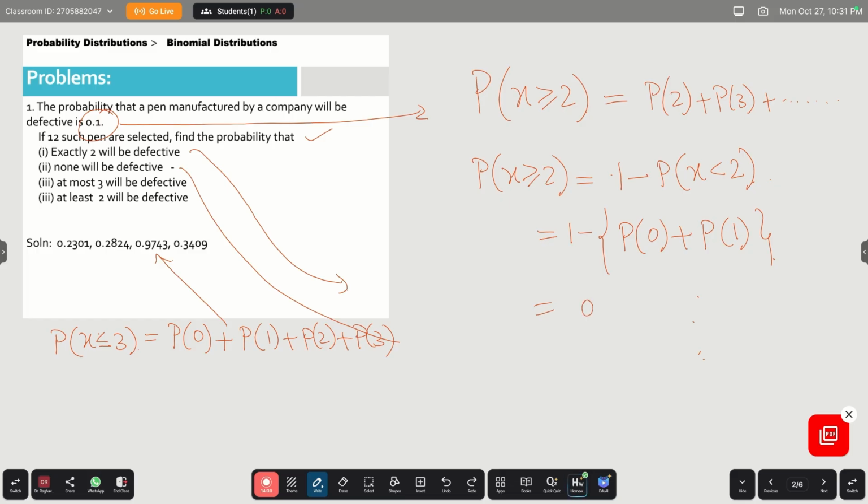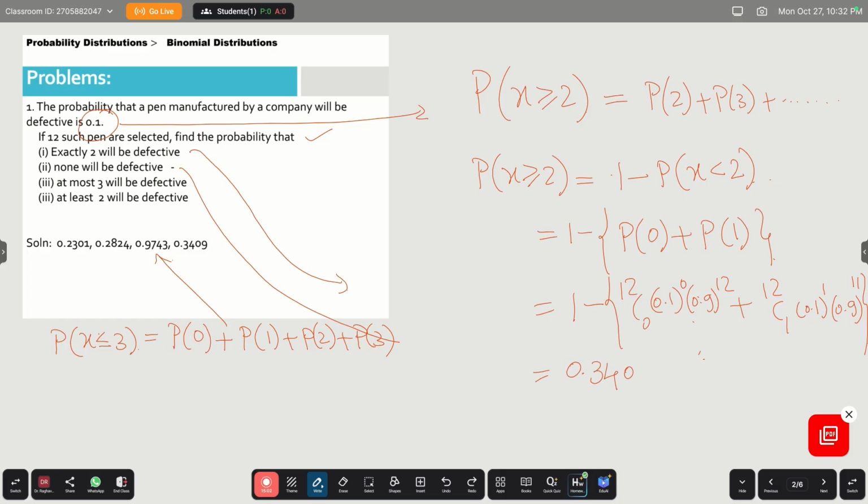And this you can calculate: 12C0, 0.1 power 0, 0.9 power 12, and P of 1 is 12C1, 0.1 power 1, and 0.9 power 12 minus 1 is 11. So you can calculate and cross check that.